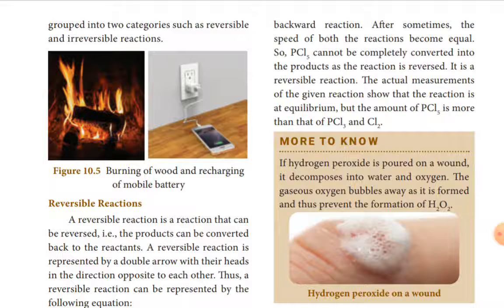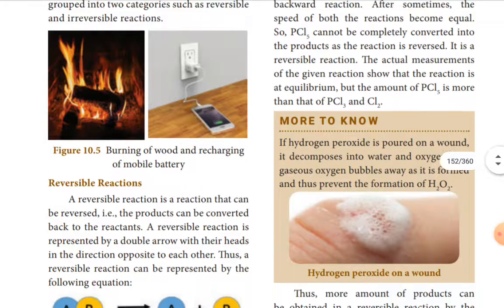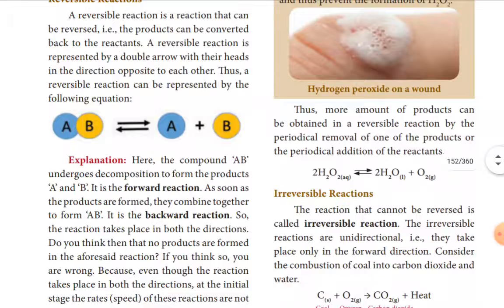Based on that, we are studying two categories of reaction: reversible and irreversible. Reversible means the reactant decomposes to give the product, and the product recombines to give the reactant again. That means the reaction can be reversed only under some specified conditions.